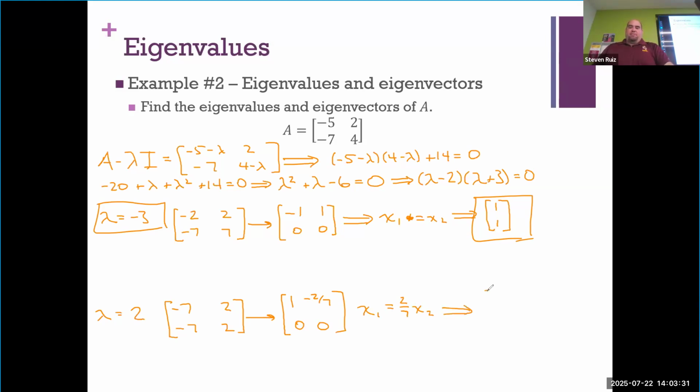And let's pick a vector that fits that. 1, 7/2. That's a good one. Probably not the one we were all thinking, but that doesn't matter. You have lots of choices there. Questions?